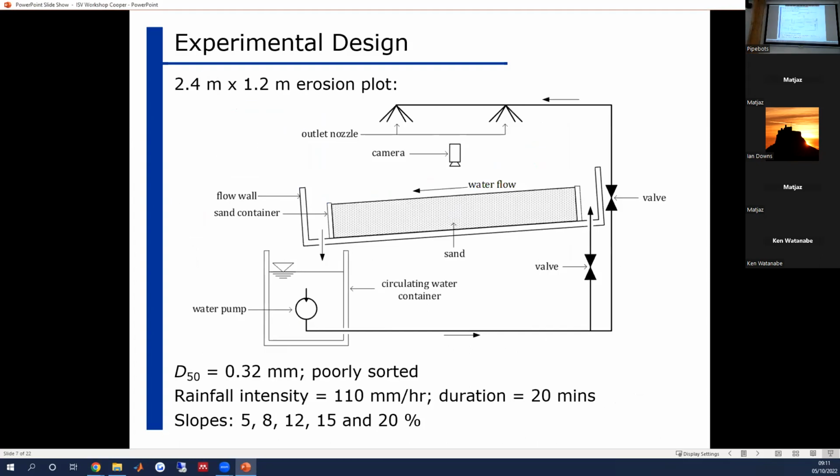So of course we now, hopefully, have convinced you we need to actually understand a little bit more about the dynamics of these flows. So we conducted some quite simple experiments where we constructed a 2.4 by 1.2 meter erosion plot, basically a big soil box really. And then we simulated a rainfall event using a couple of nozzles, of duration 20 minutes and a rainfall intensity of 110 millimeters per hour, generating Hortonian overland flow and then developing rills and micro rills on that surface.